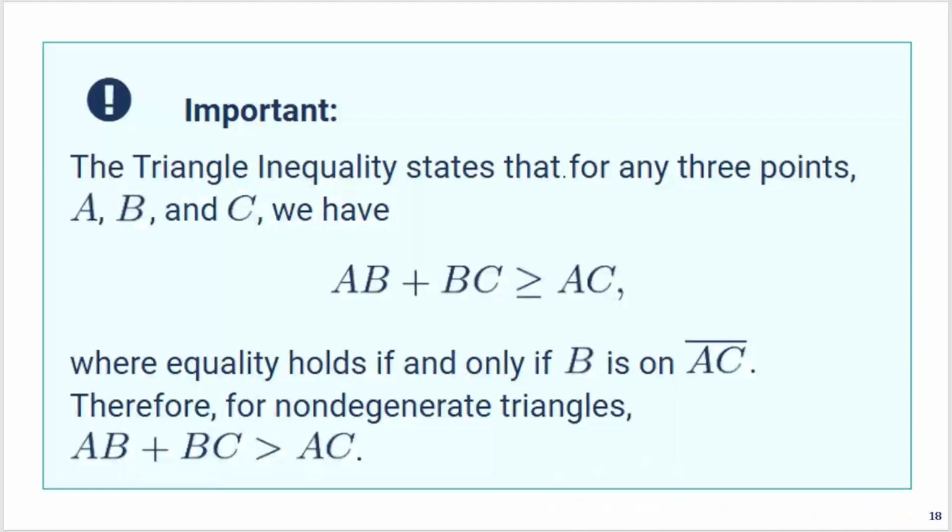In summary, the triangle inequality states that for any three points A, B, and C, we always have AB plus BC is greater than or equal to AC, where equality holds if and only if B is on the segment AC. Therefore, for non-degenerate triangles, we have AB plus BC is always greater than AC. You get it?